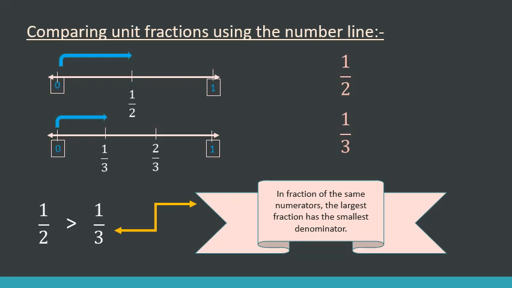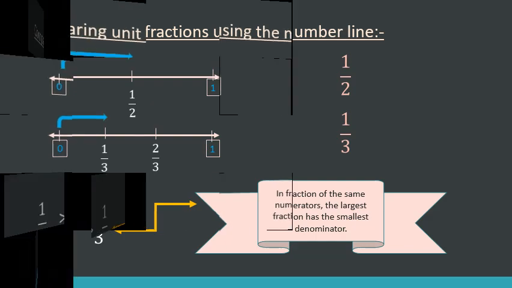We call this a crazy fraction, which means here I have 2 less than 3, but the fraction 1 over 2 must be more than 1 over 3. That's why it is called a crazy fraction, because the smallest will be the greatest and the greatest will be the smallest. So 1 over 2 is more than 1 over 3.